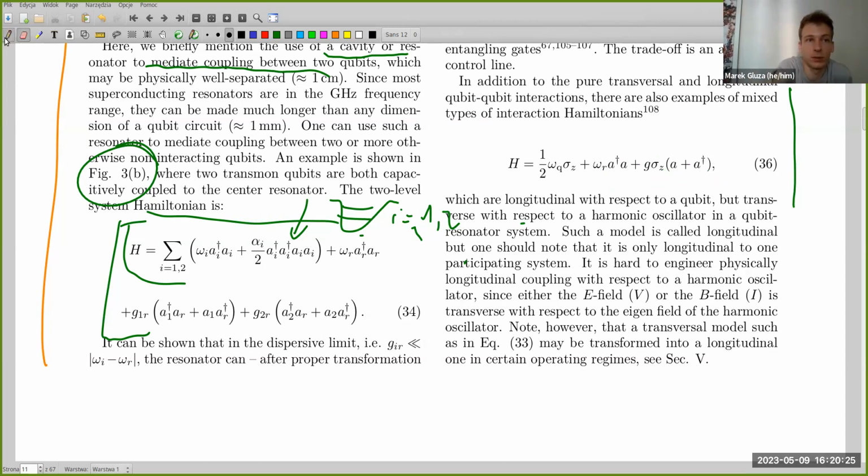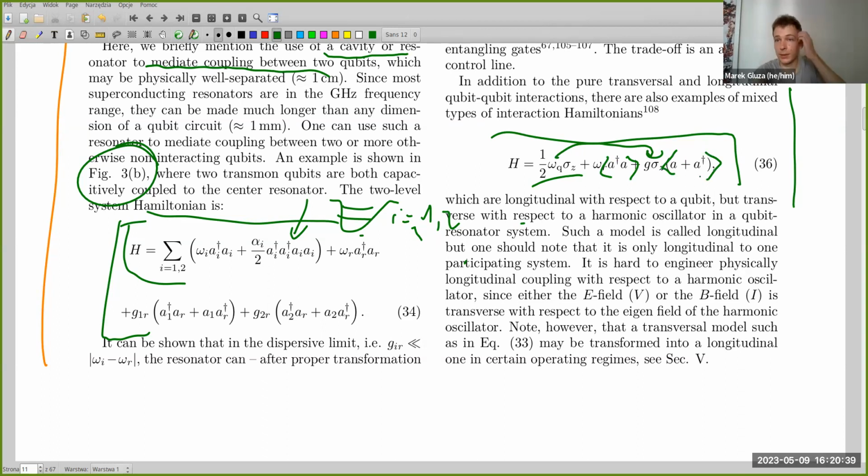So you could say that, okay, it's not exactly that, but you could say that if I put expectation values here, there's a cavity-dependent frequency. So basically, dynamically the cavity can move the frequency of the qubit.